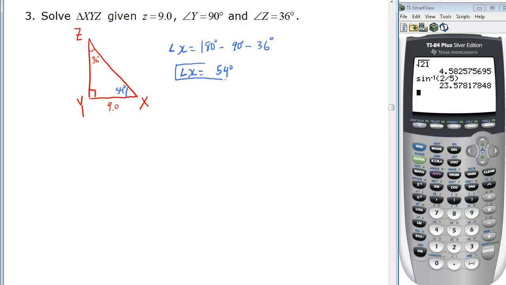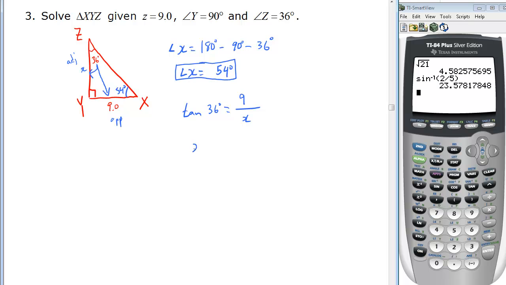Now we need to find the other two sides. If we look at side x here, x is the adjacent side, and 9 over here is opposite. So if we have adjacent to 36 and opposite to 36, then we know the tan of Z, or 36 in this case, is equal to opposite, which is 9, over x.